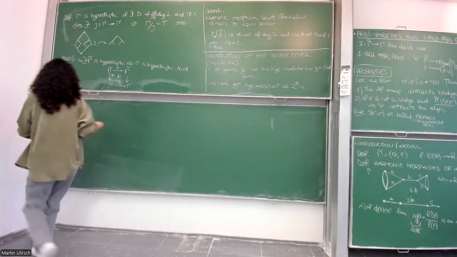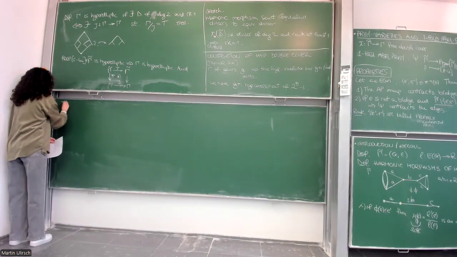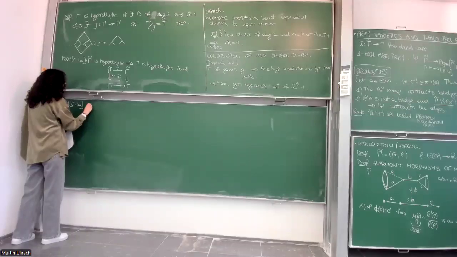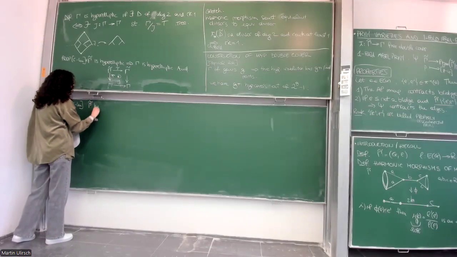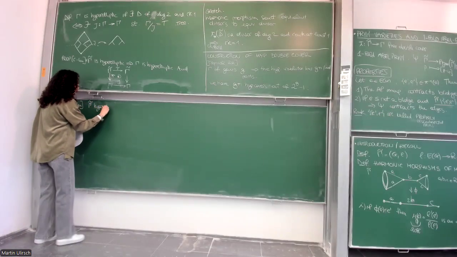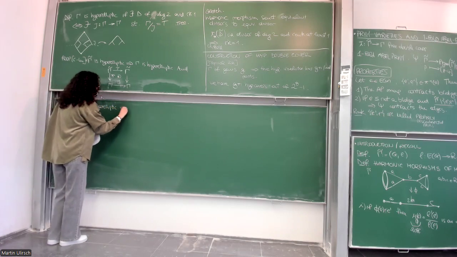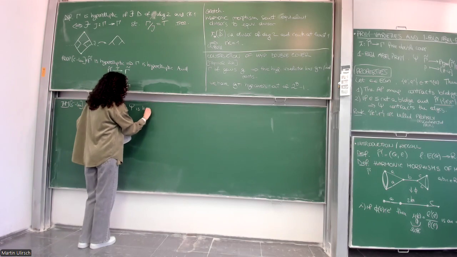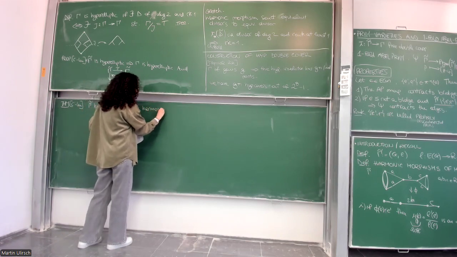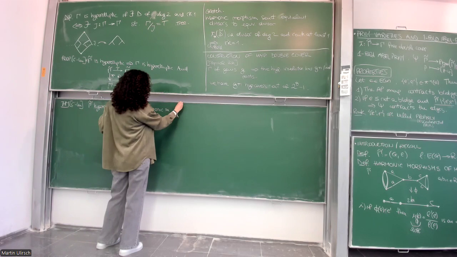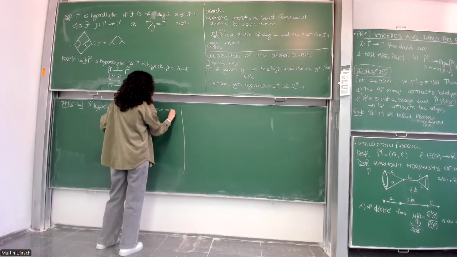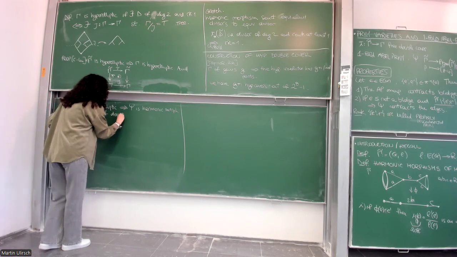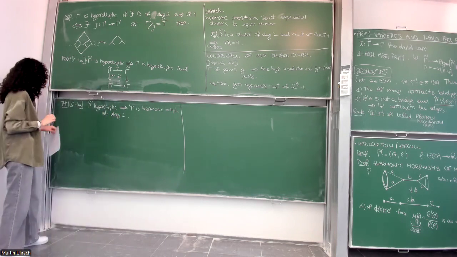We're ready to state the theorem. If we start with gamma tilde hyperelliptic, then the map is a harmonic morphism of degree 2.